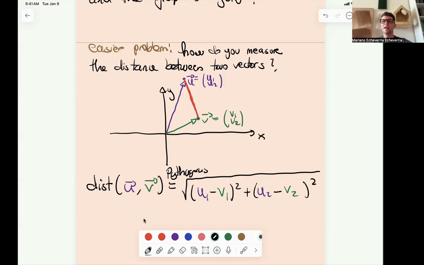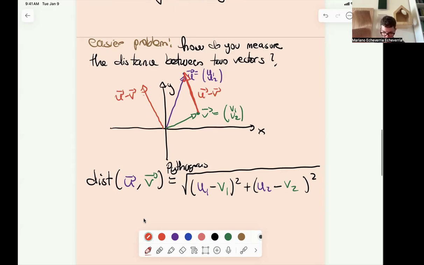Now, the cool thing, which maybe seems a little bit obvious in this case, is that you can think of this distance as the length of the vector u minus v. So there is this vector u minus v, which I'll draw starting at the origin, to put it in the standard presentation. u minus v is just the vector that you get by subtracting the entries.